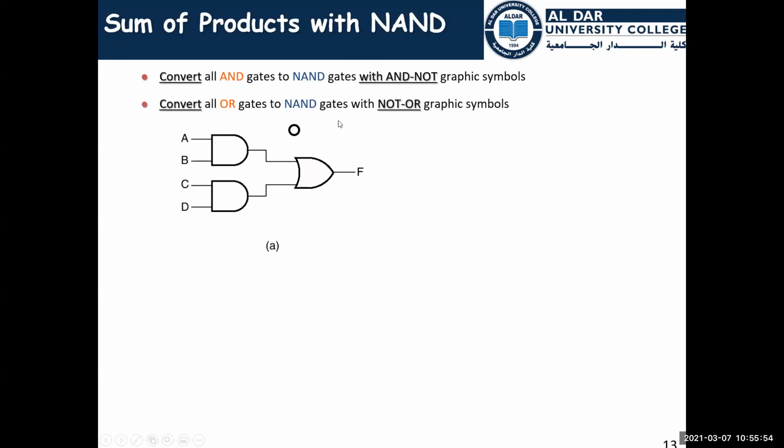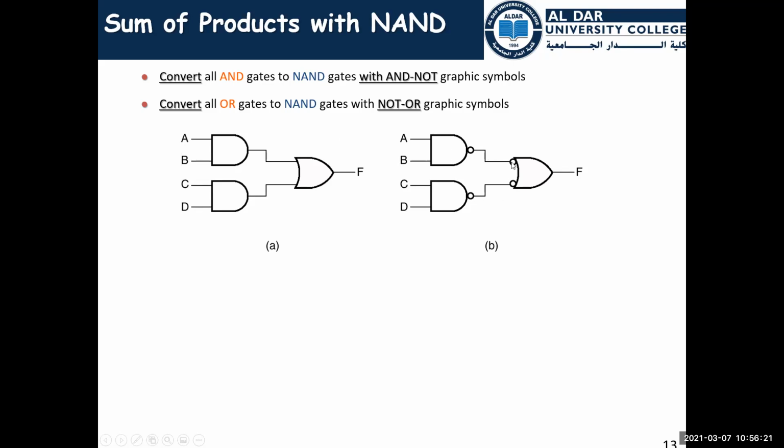You can add two bubbles here, and two bubbles, another two bubbles, and then inverting an inverted variable is the same as saying negative of negative, which is positive, returning back to the same. This is equivalent to that one. Yes. Okay. And then we have a NAND gate here and another NAND gate here.